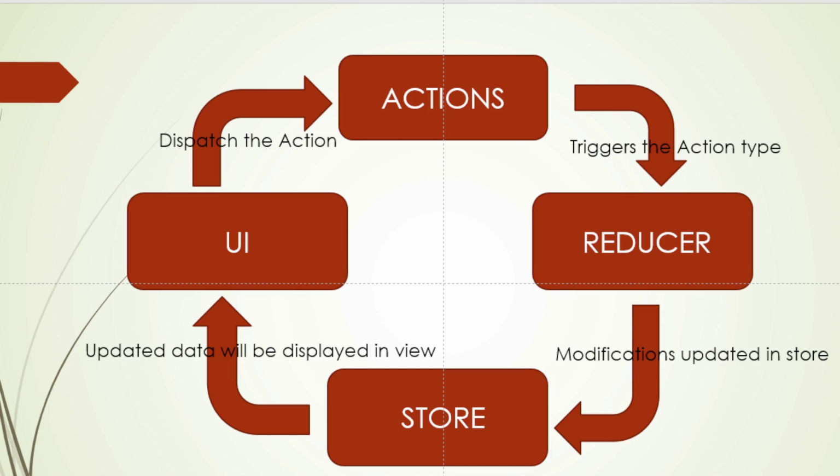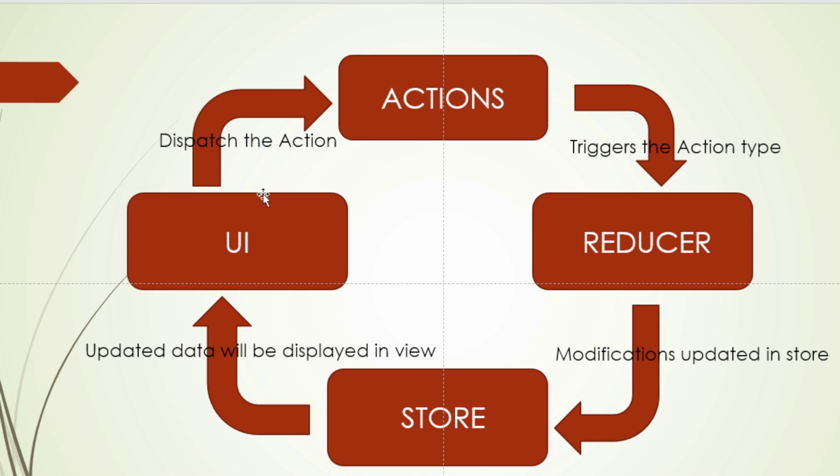Everything that has been modified will be stored in the state in the store. So that updated thing will be displayed in our component. So this is the flow of how it happens.